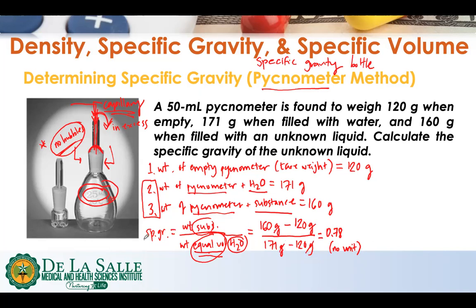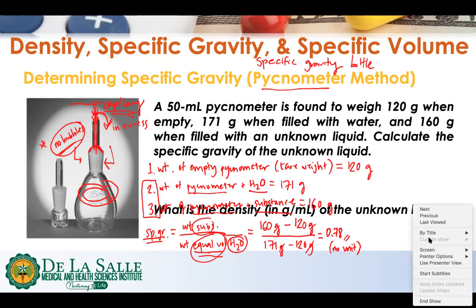Since the specific gravity is a ratio of two quantities with the same units, the final answer will have no unit. Now, is it possible for us to determine the density of the unknown liquid, the density given in grams per milliliter?